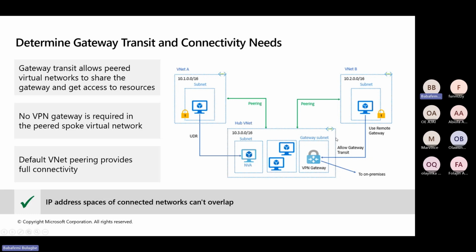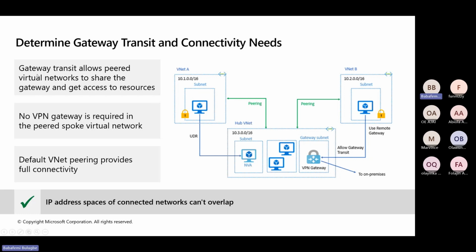And if you see here, for VNet A the address space is 10.1, for VNet B the address space is 10.2, and for VNet 3 the address space is 10.3. And that's why we can have all these connections created successfully.